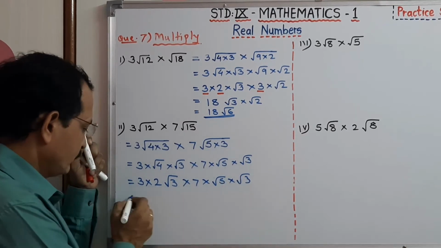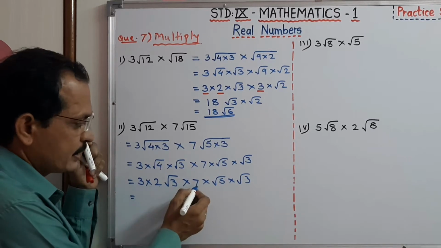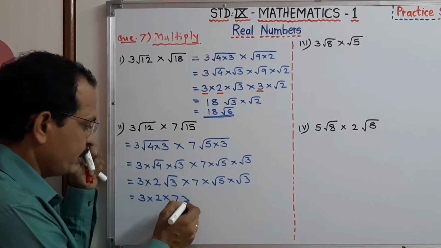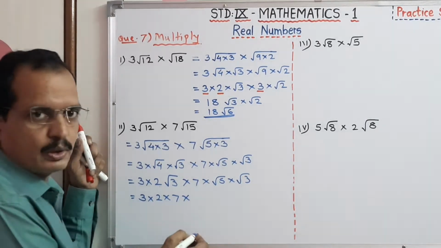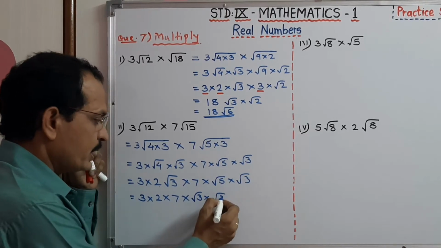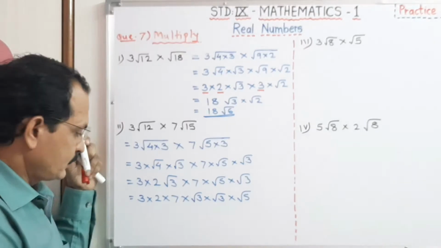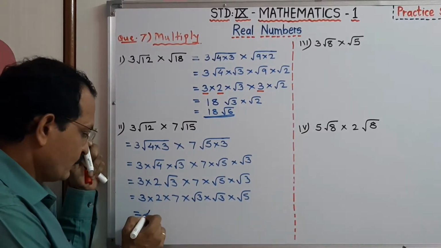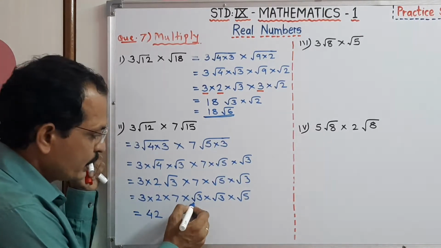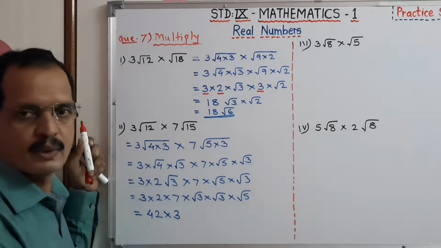Now this 3 twos are 6 and 7, or we can write 3 into 2 into 7 into, now dear student, be careful here, root 3 into this root 3 we can write, and then we can write root 5 here. Now 42, 3 twos are 6, 6 sevens are 42. This root 3 and root 3, it will be 3. Got it?